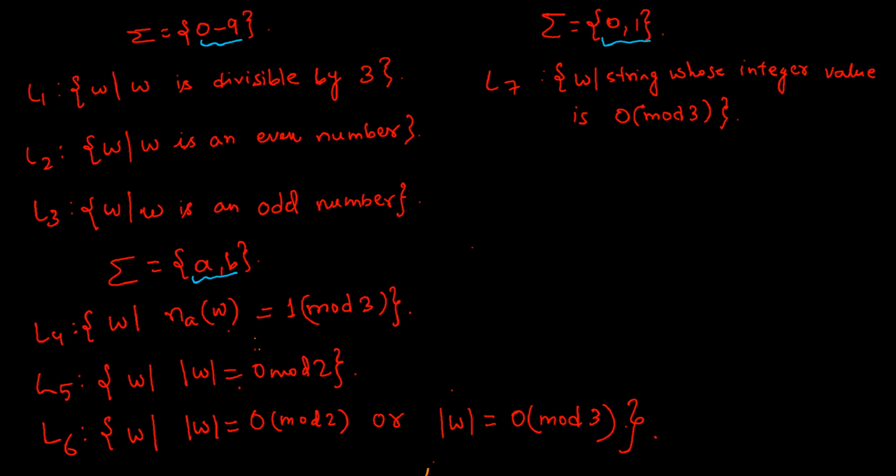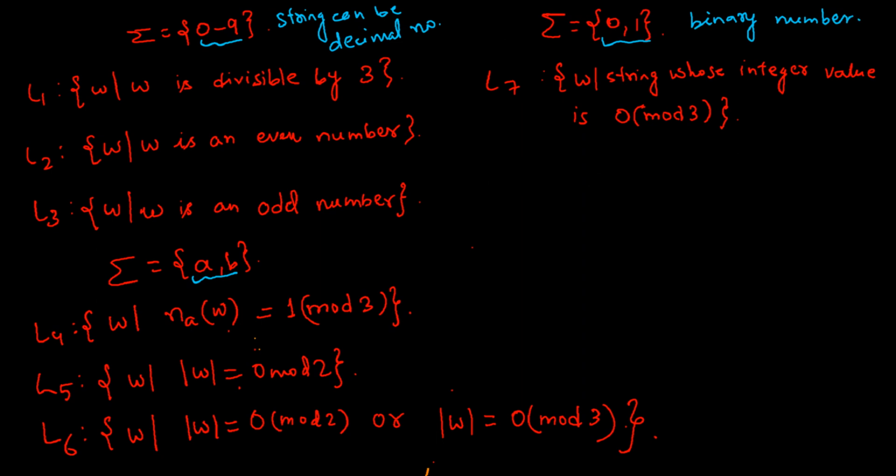So clearly, when the symbols are between 0 to 9, whatever the string is, it can be interpreted or thought of as a decimal number. When it is 0 and 1, you can say that it's a binary number, and it is A and B simply.